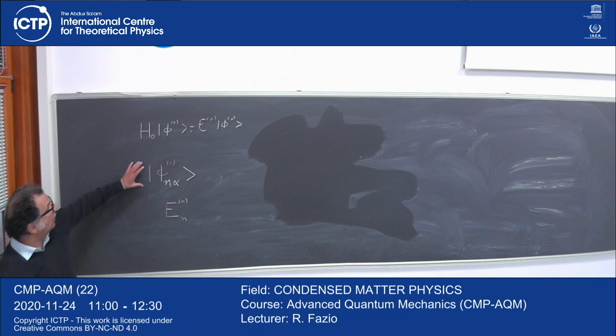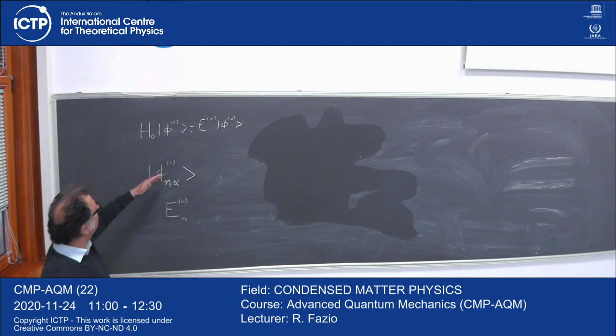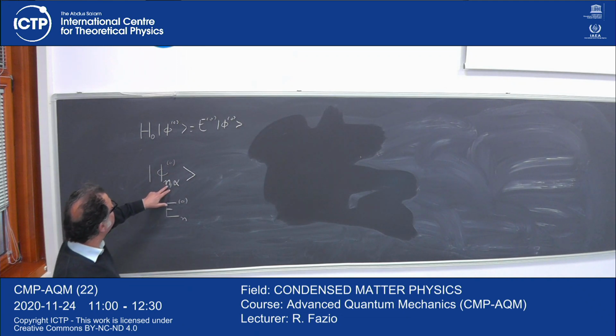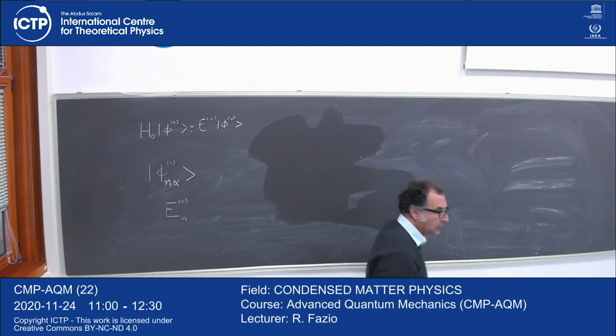Okay? It can be all the spectrum or part of it, it does not matter. Corresponding to a level n, you have an index alpha which gives the degeneracy.